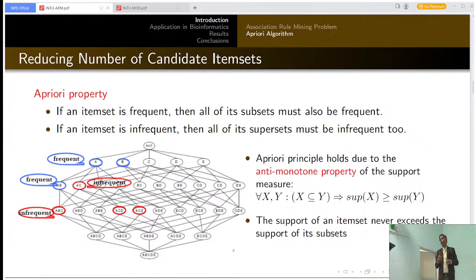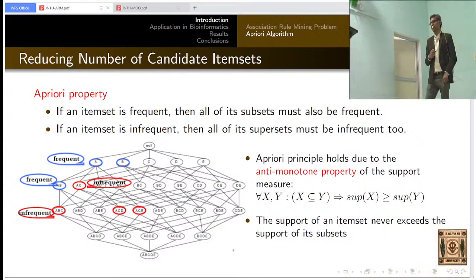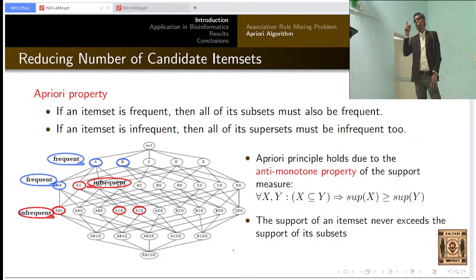We will stop actually much before coming here. Most of the item sets will be discarded, provided the data set is sparse, which normally it is. Okay? So this is the basic idea of the a priori property and the a priori algorithm as a whole.